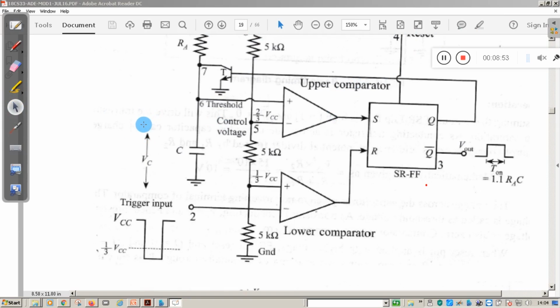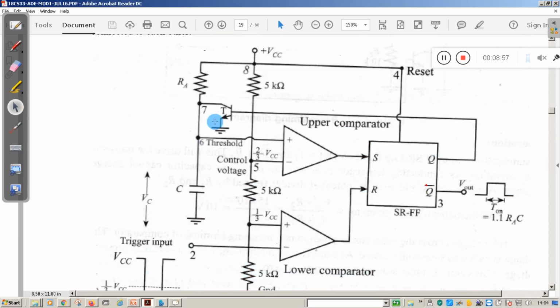Three resistors of 5 kilo ohm are connected in series on a voltage divider basis. Now we are taking two node points, one node point is this one, the other node point is this one. Now we have to measure the voltage at this point. To measure it, we need to apply the voltage divider resistor network law.